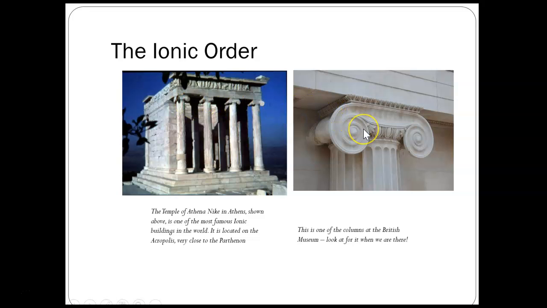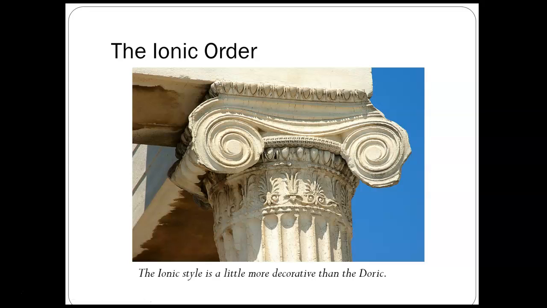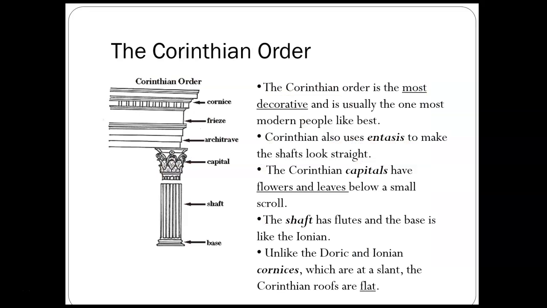And then over here, this is actually in London, England, at the British Museum. And you can definitely see the scrolls. As soon as you see these two scrolls popping out, you know exactly what it is. It's Ionic. That's a really up close one. So it's one step up in fanciness from the Doric.